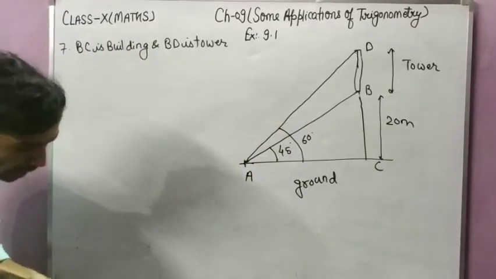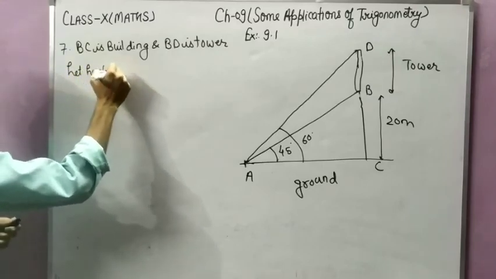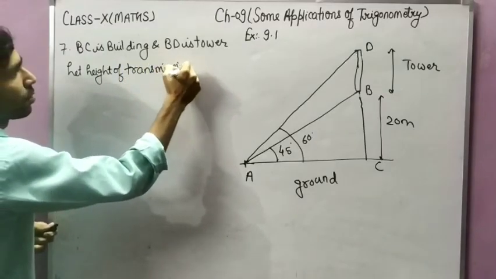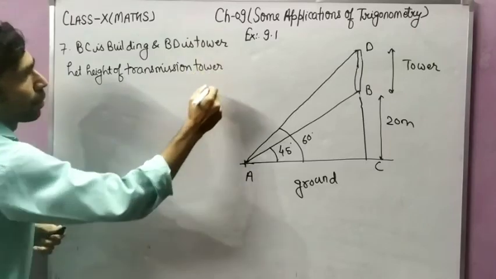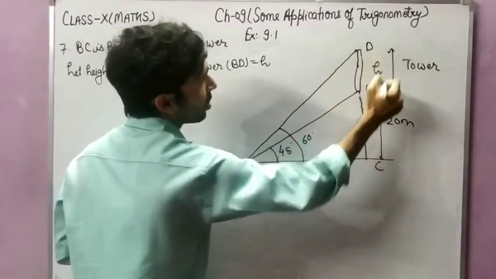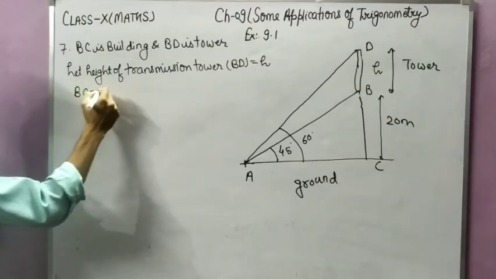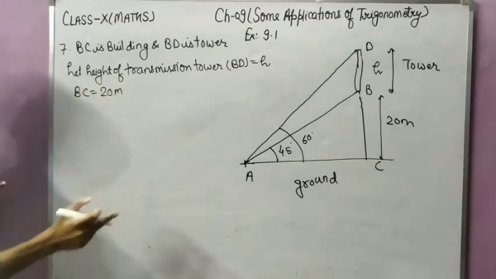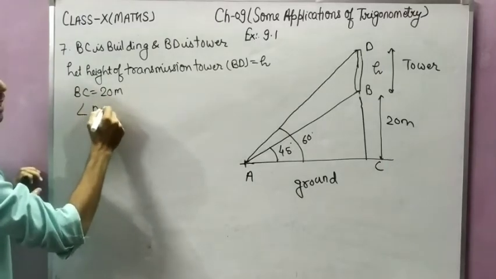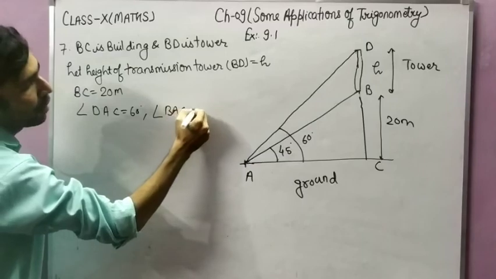ठीक है? सो व्हाट वी विल राइट, let height of transmission tower, that is BD, transmission tower is BD is h. तो इसको हम लोगों ने क्या मान लिया, small h. ठीक है, and the length of BC is given, that is 20 meter, and BC is a building. ठीक है, and A is a point at C, student, angle DAC will be 60 degree and angle BAC will be 45 degree.